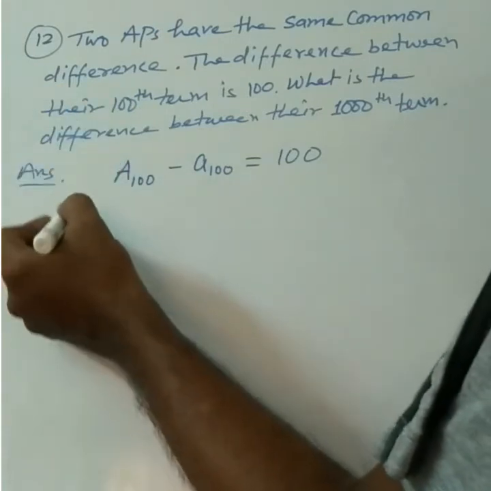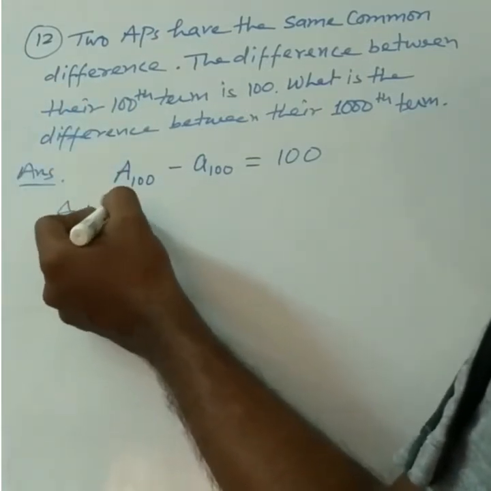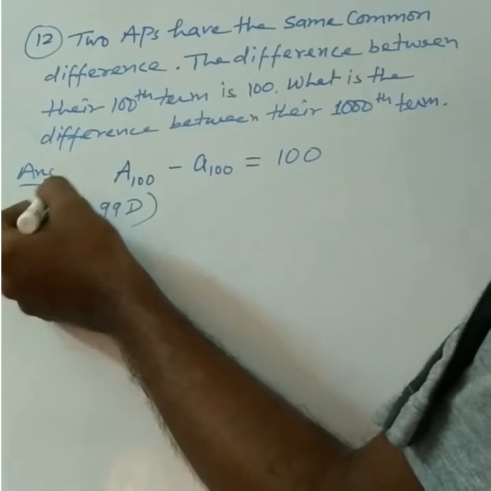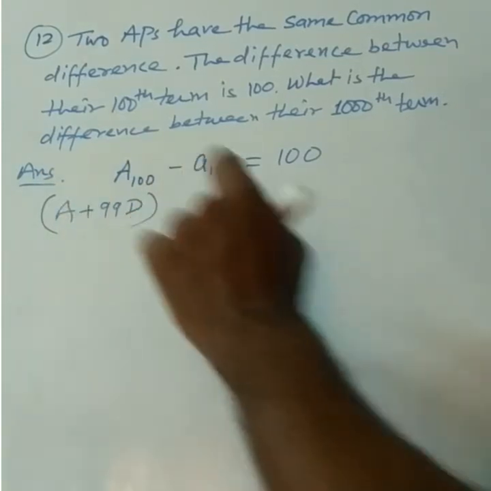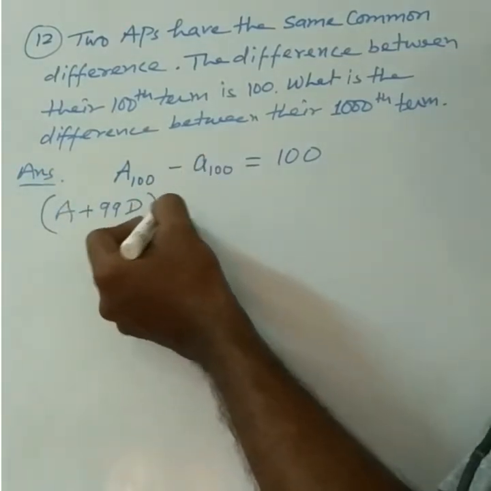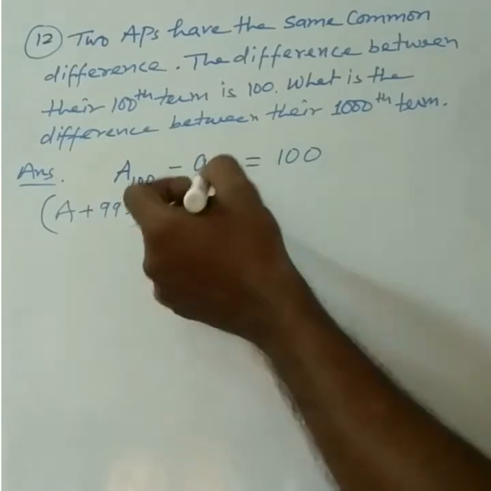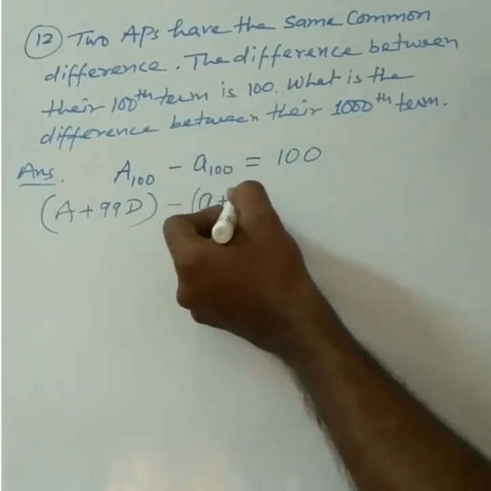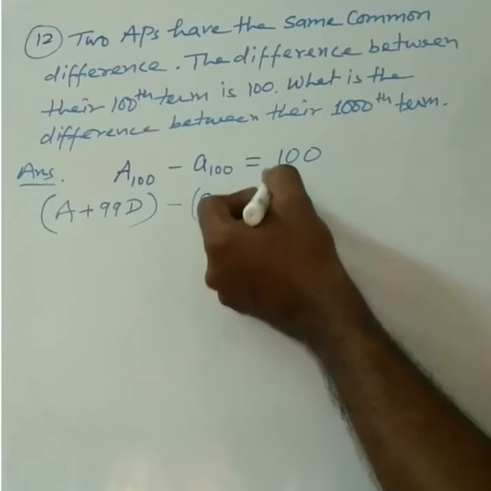Formula for this is A plus 99D. For the first AP we have taken capital A and capital D. Now for the second AP we will take small a and small d.